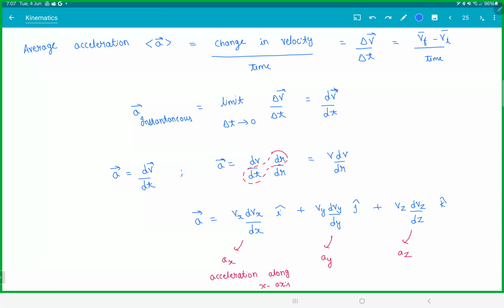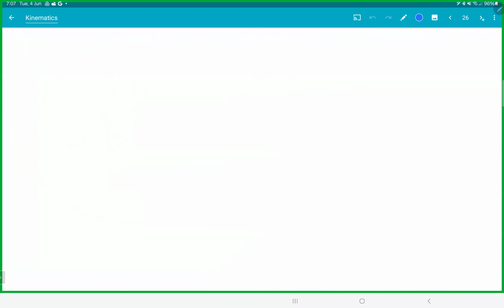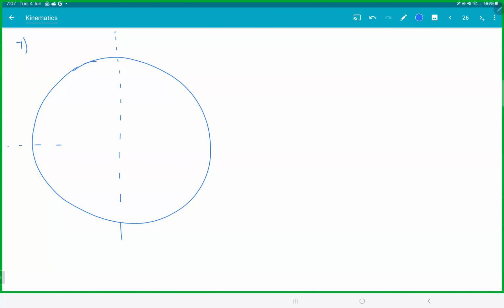Next thing. Let's see a question. So we have a particle going on a circle, x-axis, y-axis, r is the radius. So we have a particle here going with speed u. At t equals 0, you're here on the x-axis. The center is the origin 0, 0.